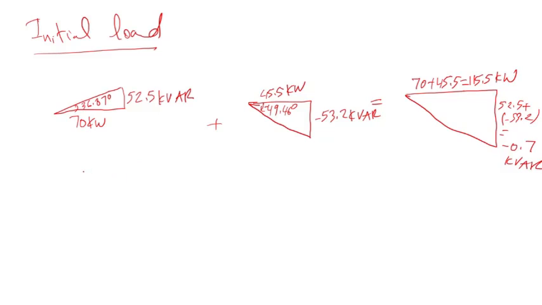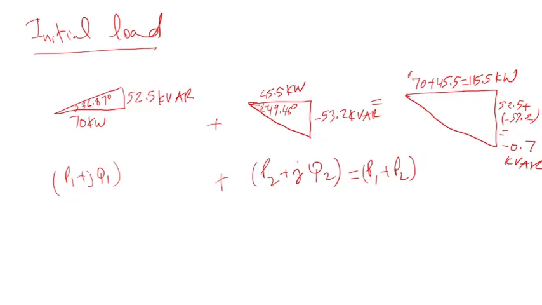What I'm doing here is, this has P1 plus jQ1, that's load 1, plus P2 plus jQ2. So this is really equal to P1 plus P2. I summed up the active power plus j times Q1 plus Q2. That's really what I did.